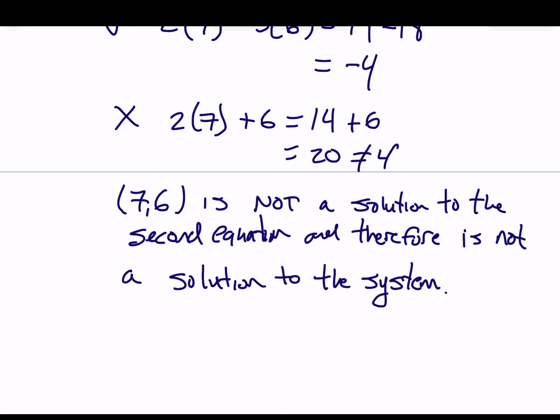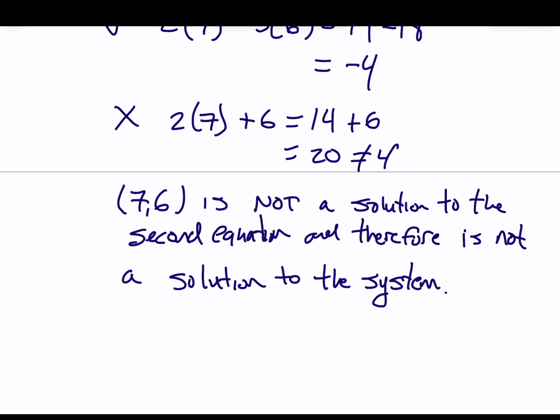So it worked on the first one and not the second. It has to work in every equation in the system for it to be a solution to the system. Now this is sort of foreshadowing. We found a solution in part A but not in part B. We'll find out later why we can only have one solution to a set of two linear equations.